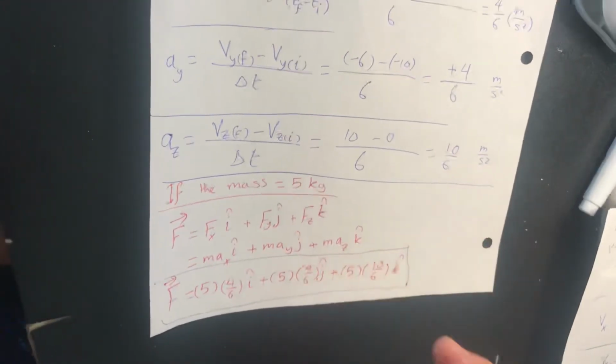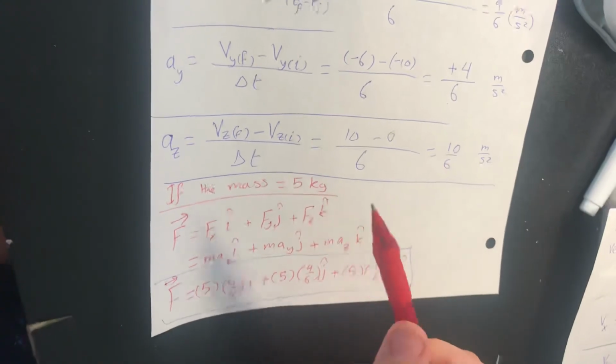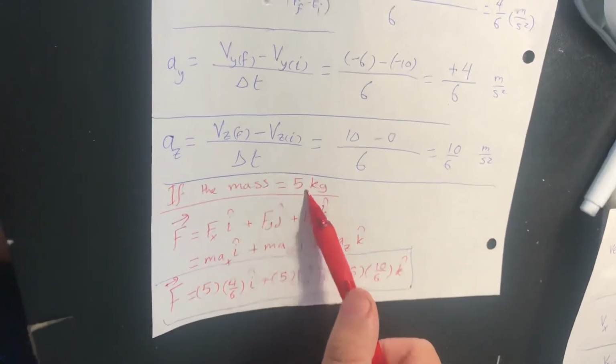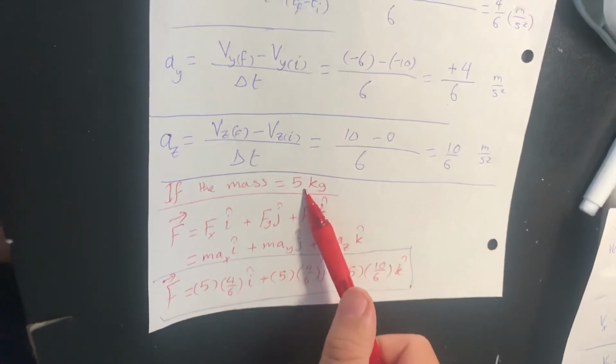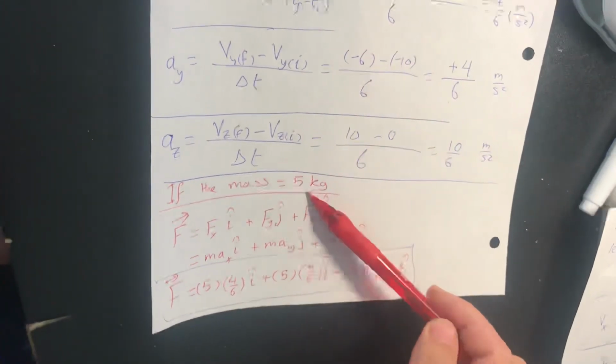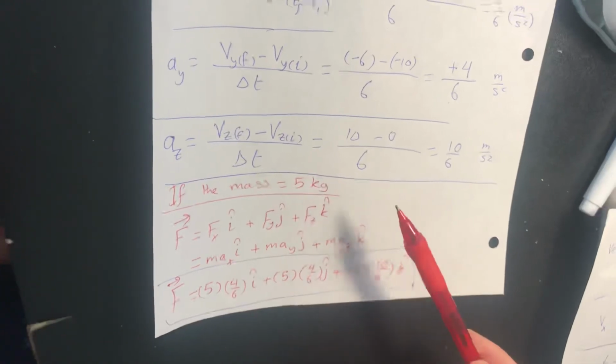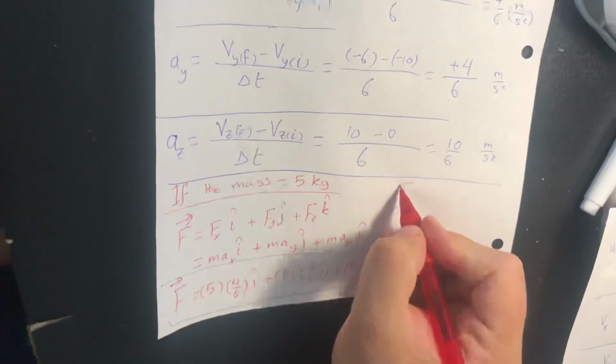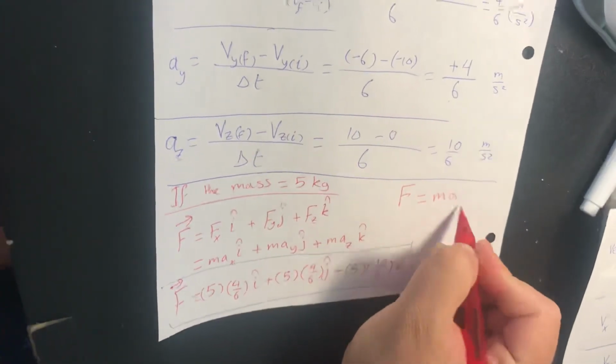If we assume that the moving body has a mass of 5 kilograms. We have acceleration, we have mass, then we can compute the force from Newton's second law. F is equal to ma.